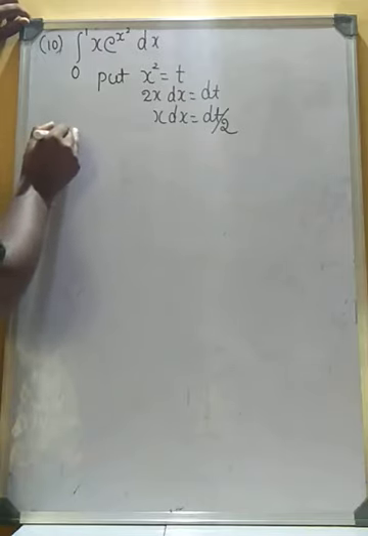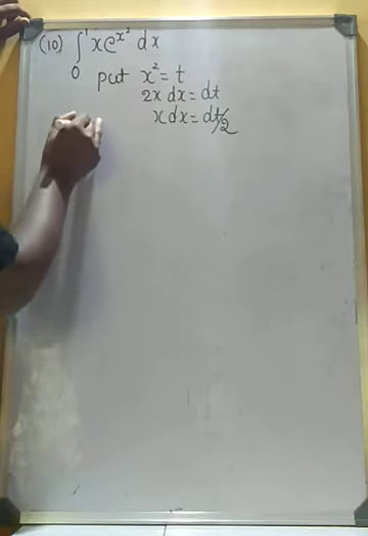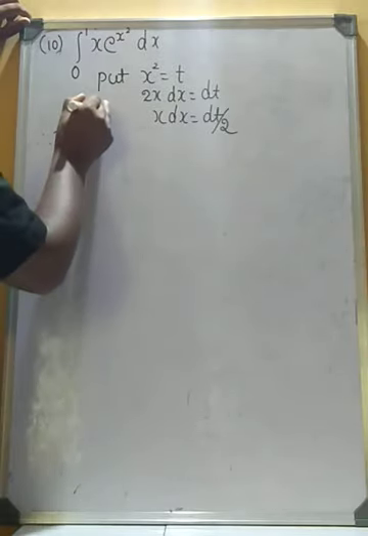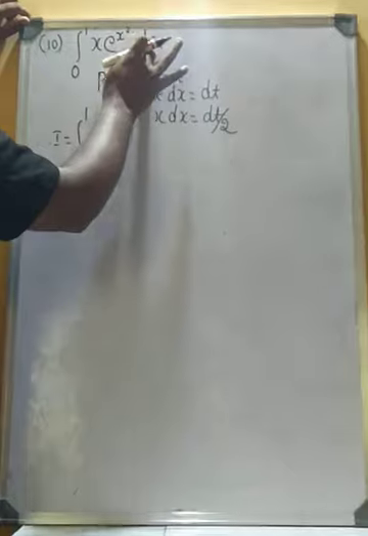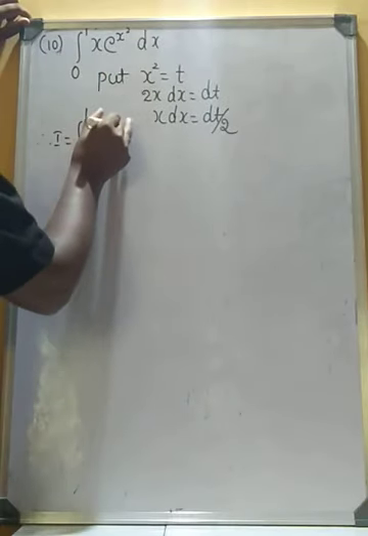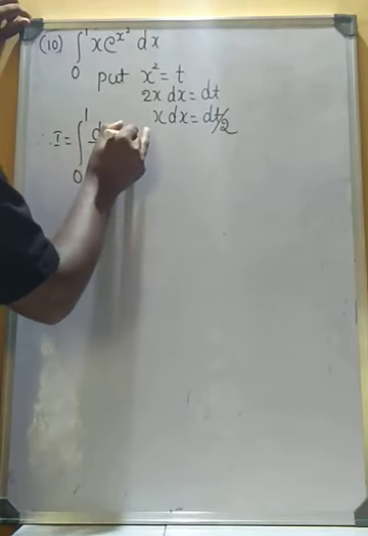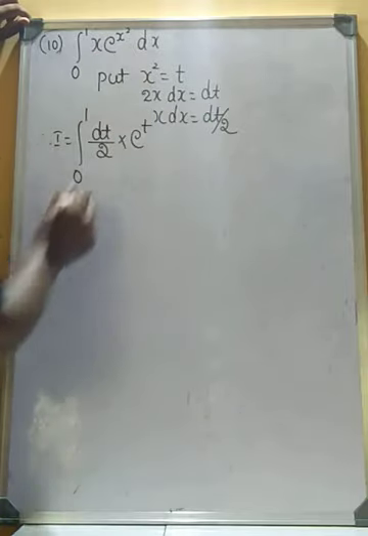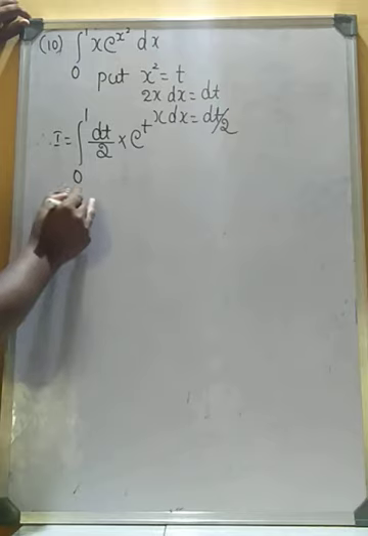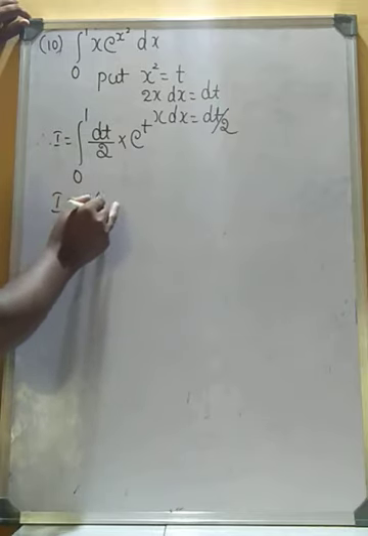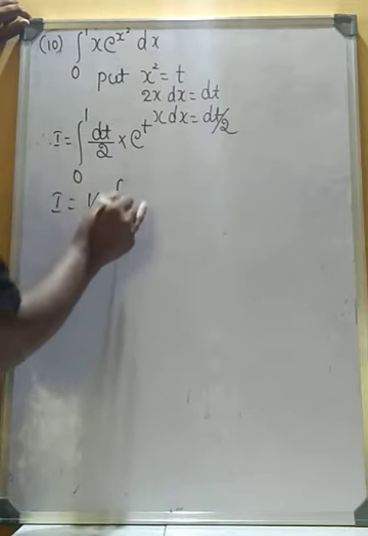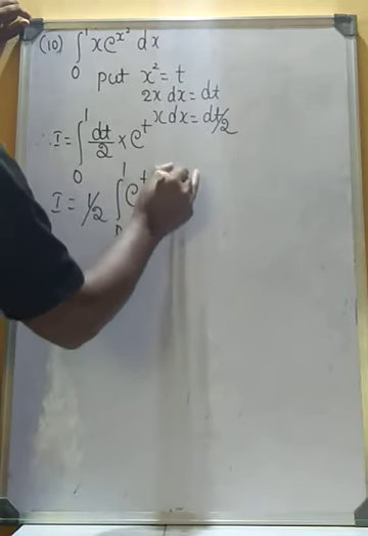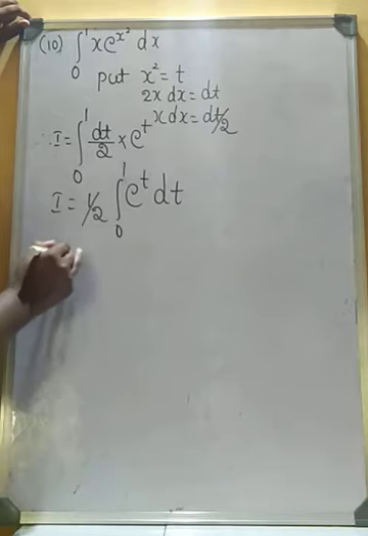Therefore, given integral I equals integral from 0 to 1, x into dx is dt by 2, into e power x square, that is e power t. Therefore, I is equal to, take outside 1 by 2, integral from 0 to 1 of e power t into dt.